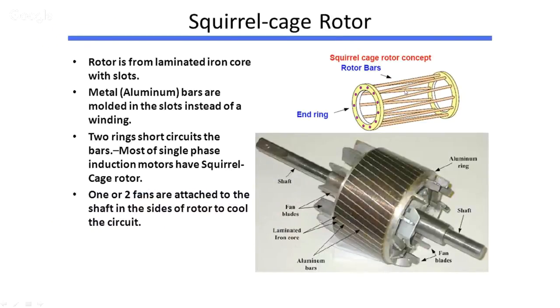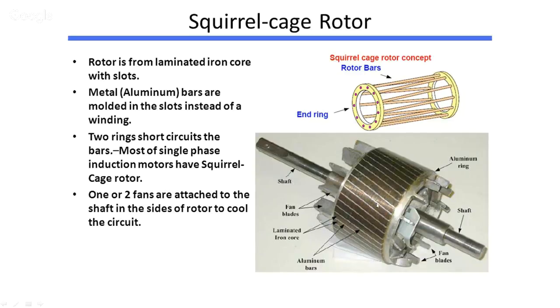This is how the squirrel cage rotor is going to be. These are rotor copper bars, rectangular in cross section, and these two are the end rings, copper rings, to which all the rotor bars are connected. You can observe the rotor bars are short circuited with the help of these two end rings.